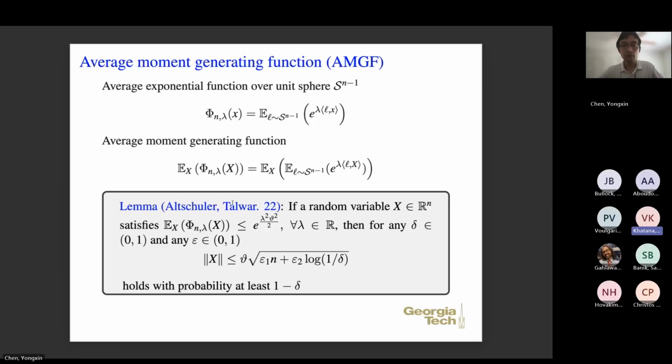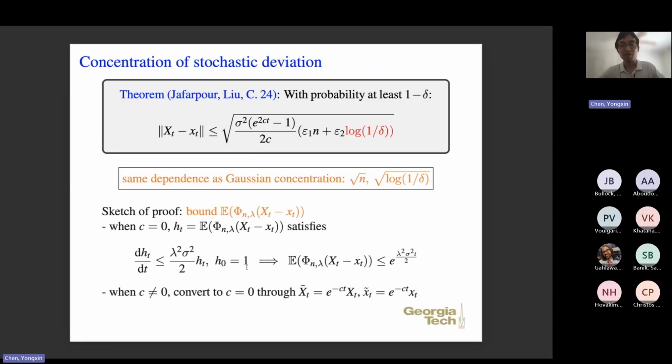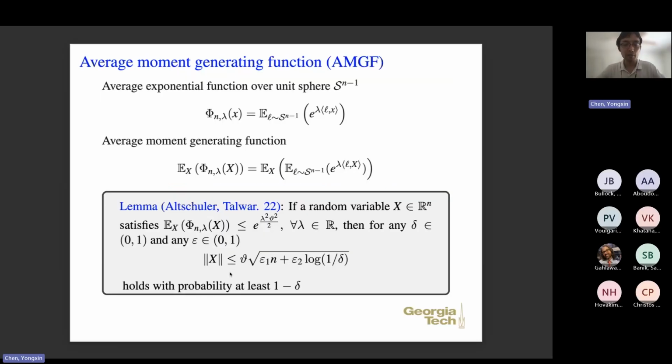It's clear this is a relaxation, right? You agree with that because this is just an average. And just the proof works out. That's one thing. Another thing I would say is that here we only care about the norm. When you only care about the norm, it makes sense to take the average.